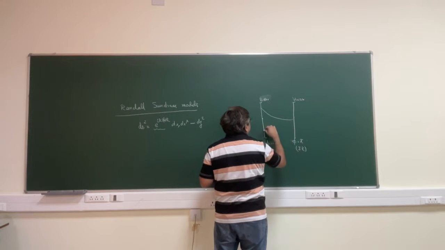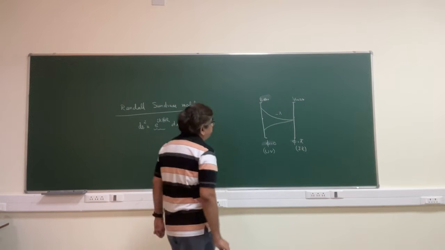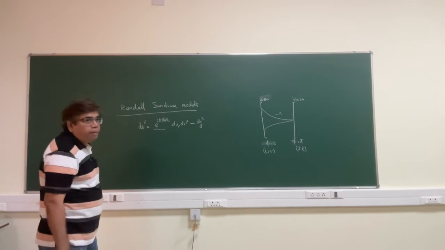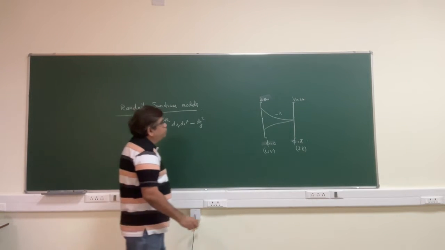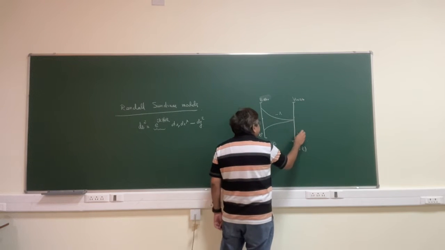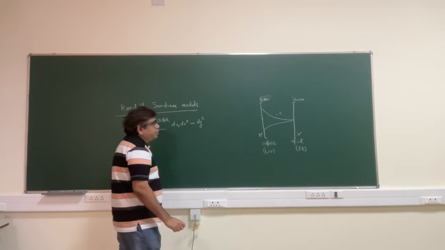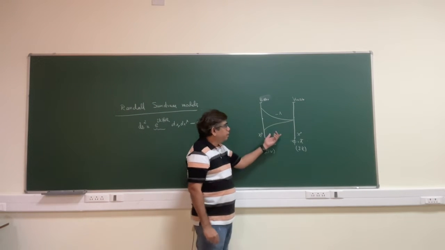And there is a huge negative cosmological constant in the bulk essentially. And there are these two boundaries in which you have x mu sitting on both sides. So the extra dimension is spanned.